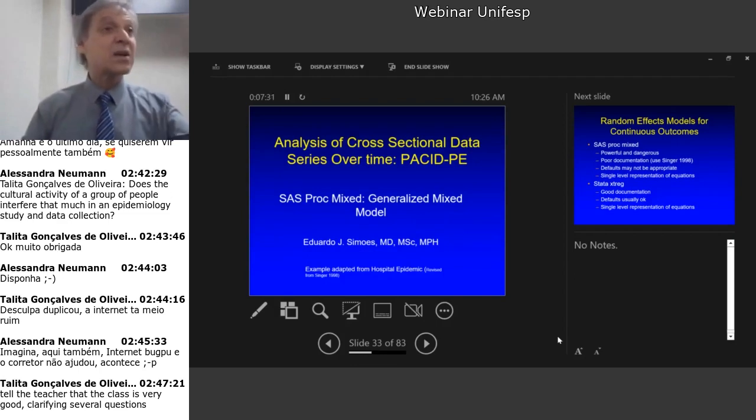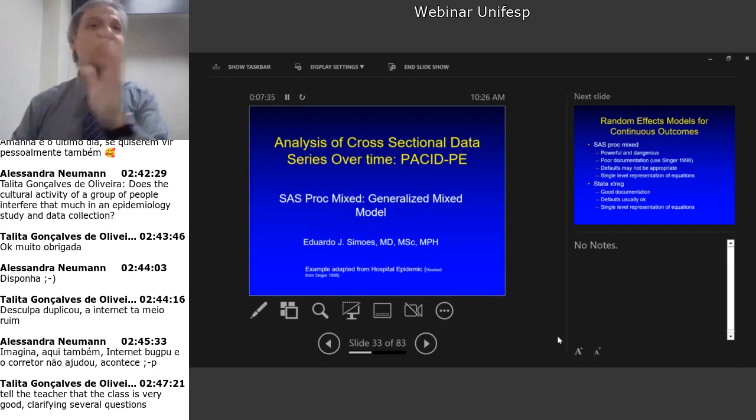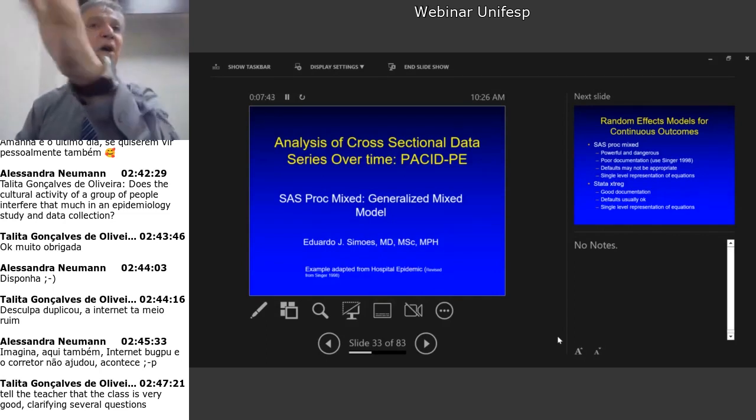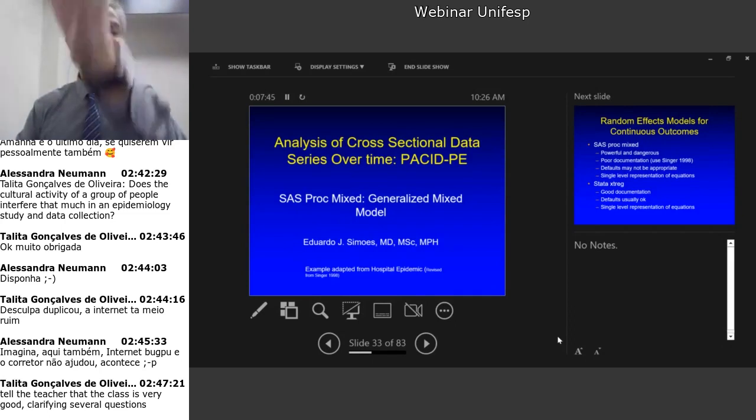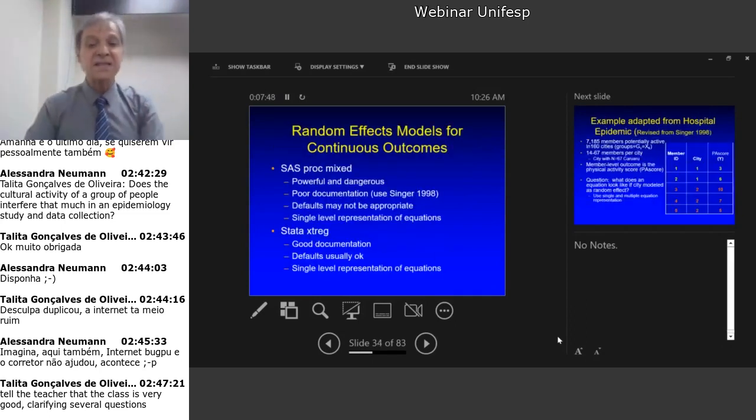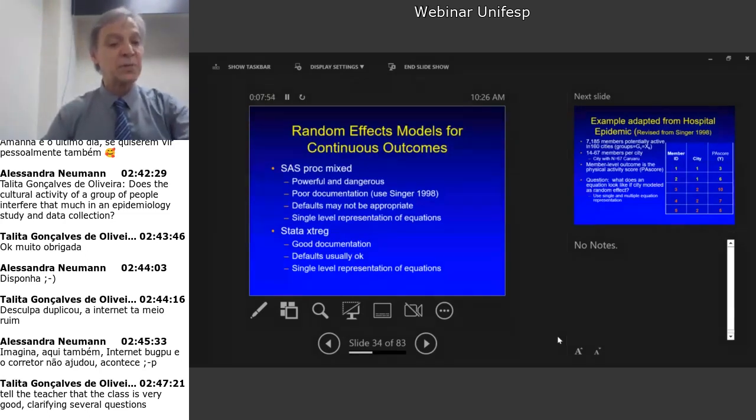So it's like a wedge design, rollout design. The only thing we couldn't do is convince them to allow us to do the randomization. But in practice, you end up with that same development of the groups by time, okay? And community. We analyze this using SAS PROC MIXED. You can use Stata or SAS to do that. I'll give you a little bit more about that.